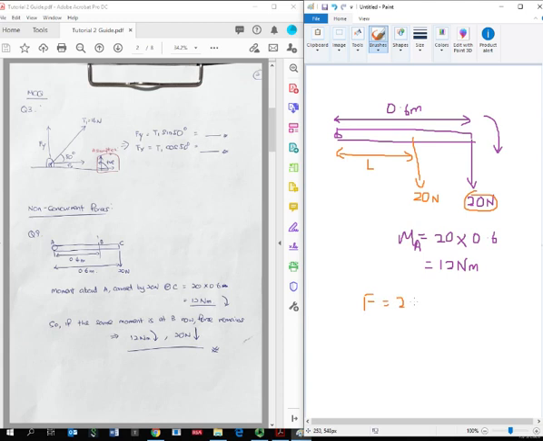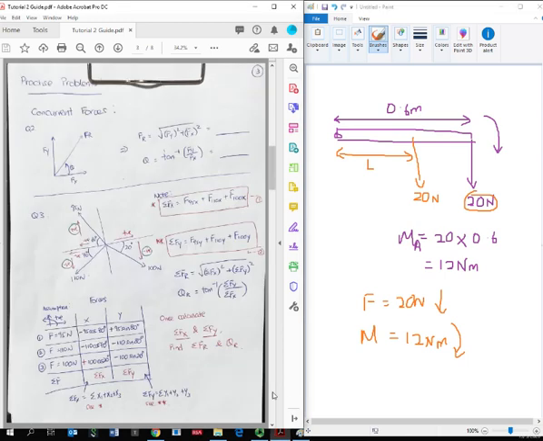So the force applying downwards is still 20 Newtons, but the moment will be 12 or so. To make sure that it maintains the same aspect, this will also be in this direction. So this is for question 9 for the MCQ. The rest I think you should be able to try out.